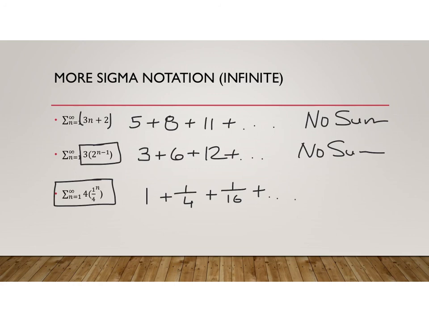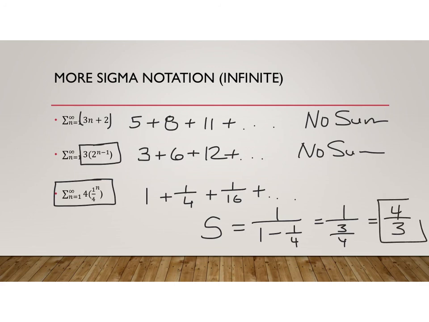So this is an infinite geometric series, and its ratio is less than 1. So to find the sum of this, it'd be first term over 1 minus the r value, which is 1/4. So it's 1 over 3/4, which is 4/3, or 1.3 repeating.